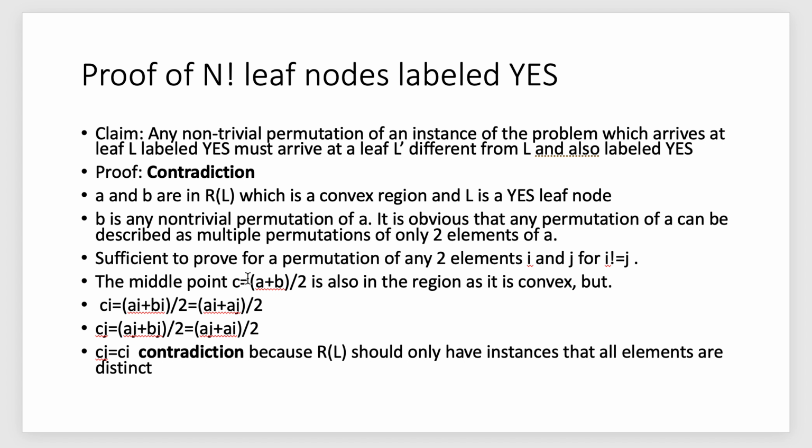And as Ci is equal to Cj, this is not a yes instance, but it leads to a yes node. This cannot be true. So I proved by contradiction that any non-trivial permutation of A will lead to a different leaf node, which is also labeled yes, because the elements of a permutation are still all different.